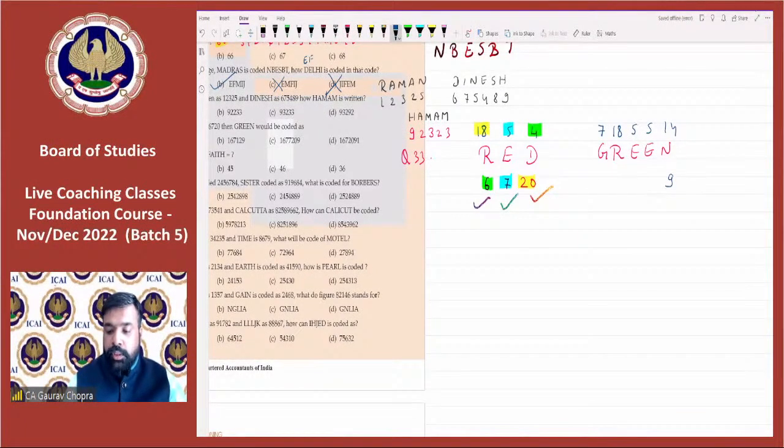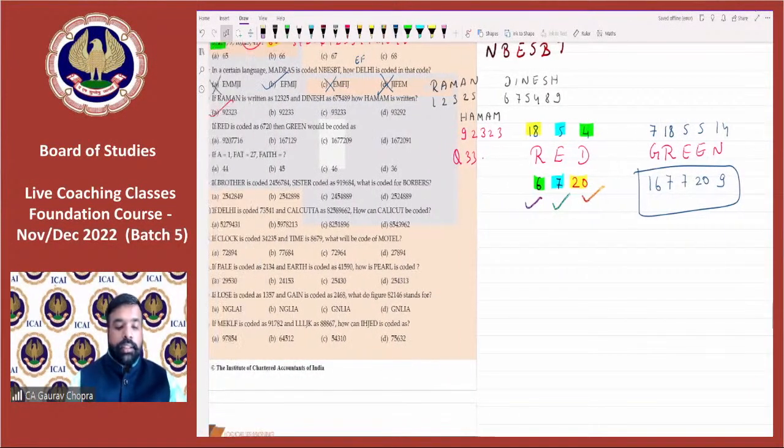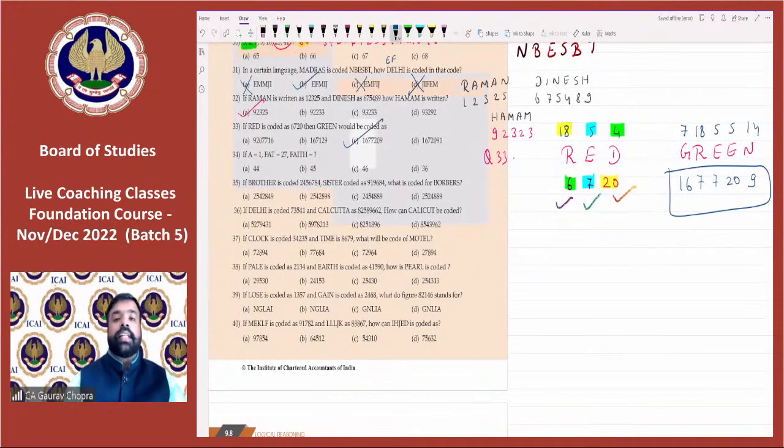So it becomes 9, 20, 7, 7, and then 16. So 1677209. This is the code. That is option number C. So Rohan was saying it is difficult, but yes, now you can easily do this. So this is not at all difficult now.